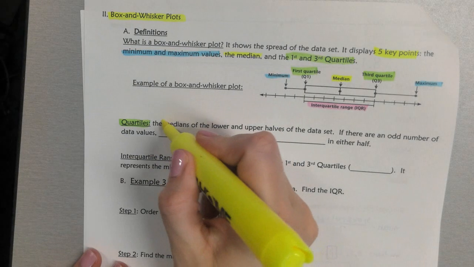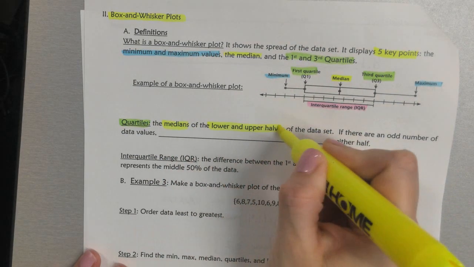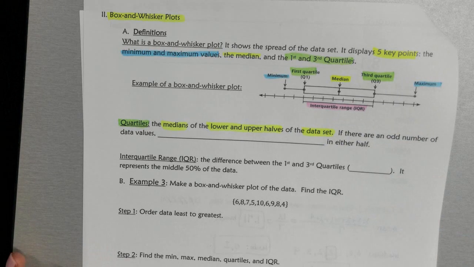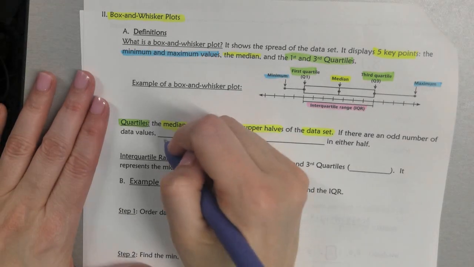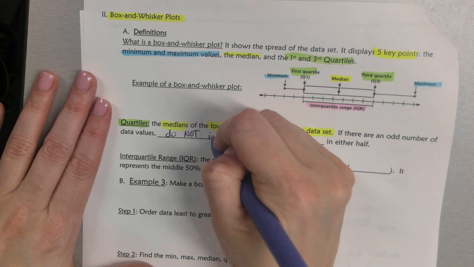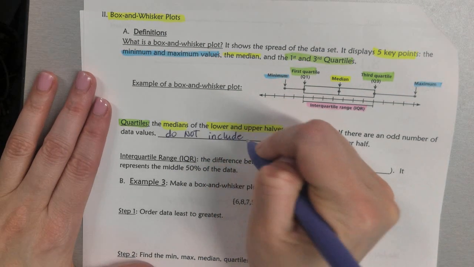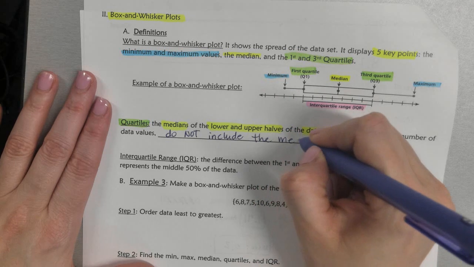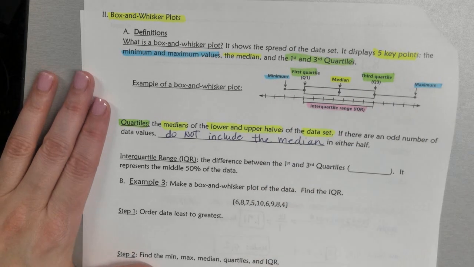Okay, so it's the medians of the lower and upper halves of your data set. If there are an odd number of data values, do not include the median in either half.